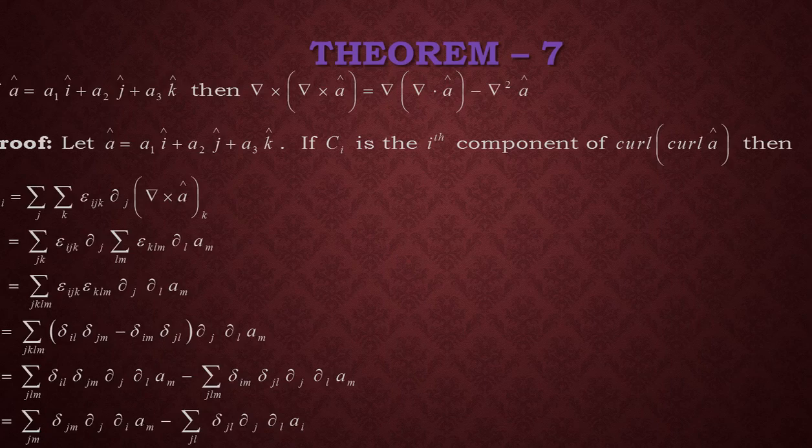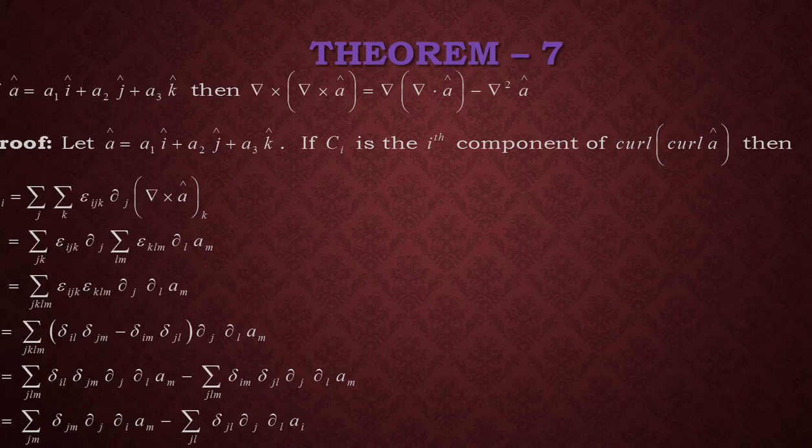Here, the vector identity which we are going to prove is del cross of del cross A cap equals del of del dot A cap minus del square A cap, or it can also be written as curl of curl A cap equals grad of div A cap minus del square A cap. Let us prove this identity.